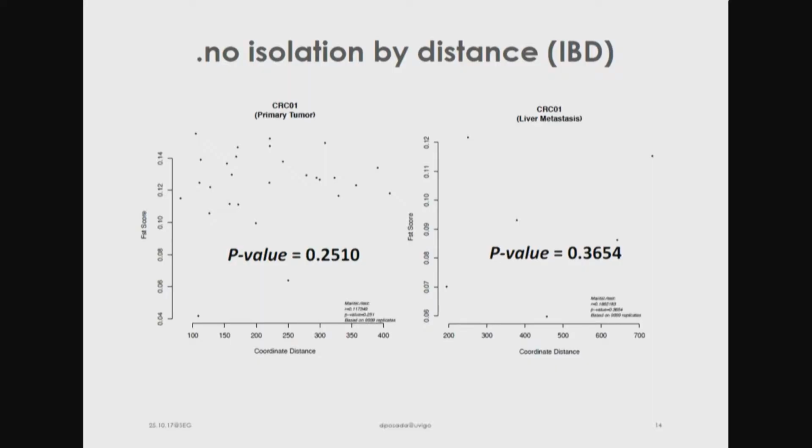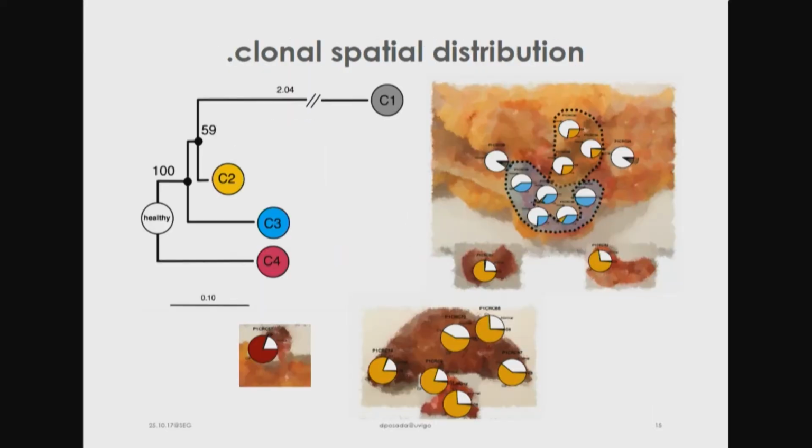That's a reasonable expectation. That's the null model of phylogeography, isolation by distance. The farther apart the populations are, the more divergent their genomes are. But we don't see a significant correlation between distance between samples, genetic distance, and geographical distance.